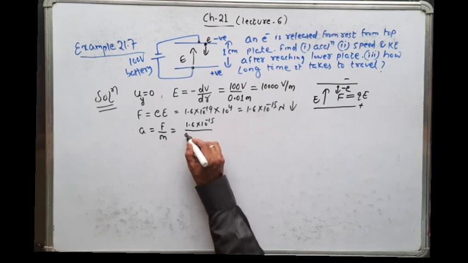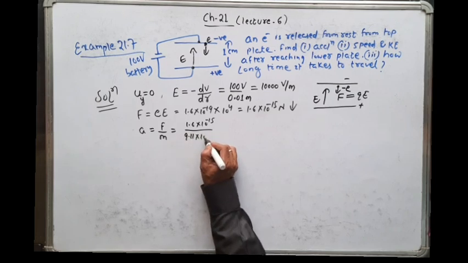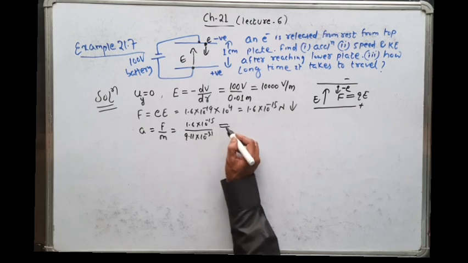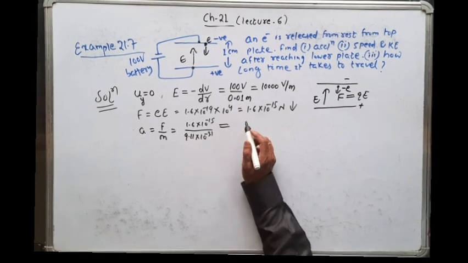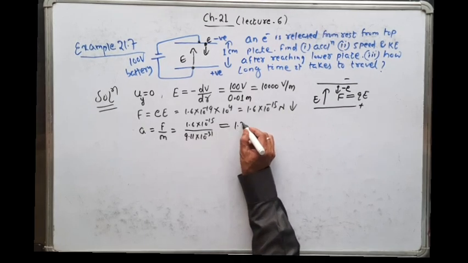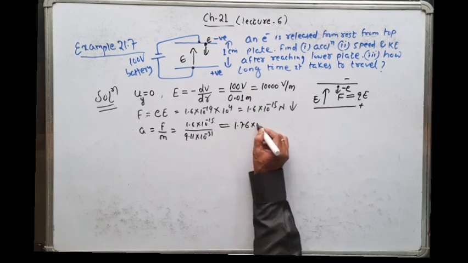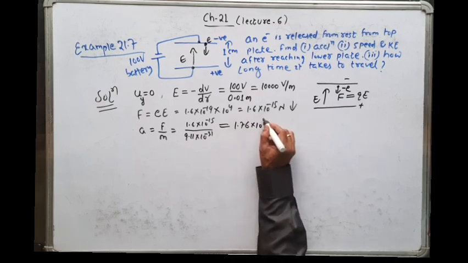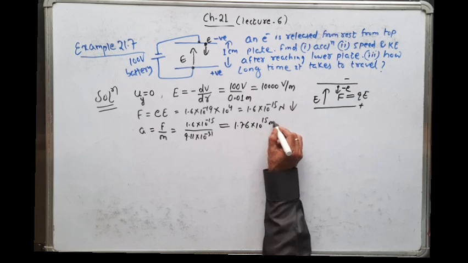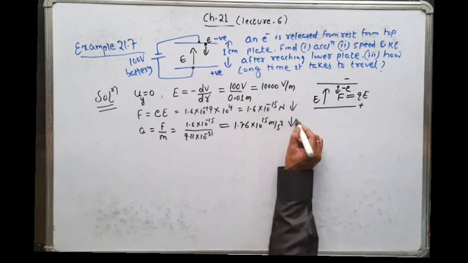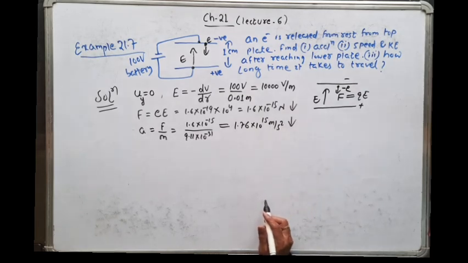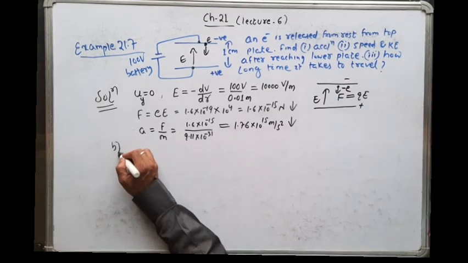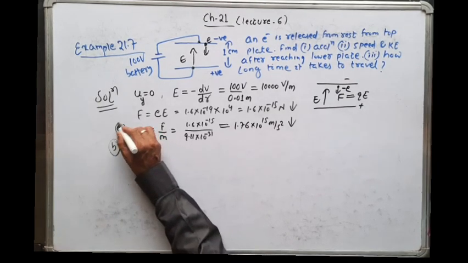The mass of the electron is 9.11 into 10 to the power minus 31 kg. So if we calculate, I think it will come to 1.76 into 10 to the power 15 meter per second square. And the direction of the acceleration is downward. So this is the answer of the first part.